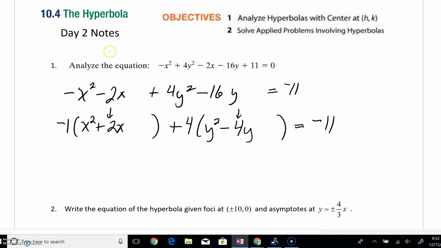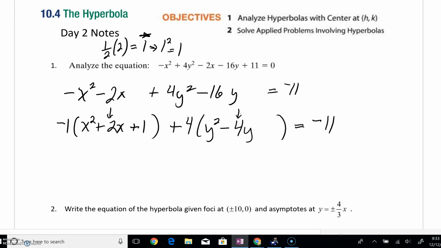Let's do that. Take half of your linear term, half of that 2, and half of 2 is 1. I'm going to put a little star there. We're not done seeing that. And square that term. And 1 squared, of course, is just a 1. You're going to add a 1 inside the parenthesis.